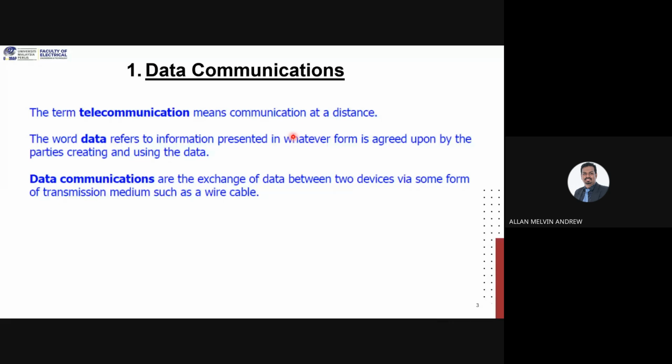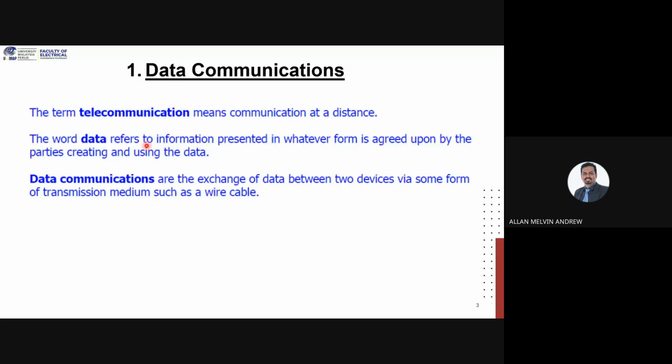Today we enter the first subtopic of this chapter: data communication. The term telecommunication is quite familiar to us because we always deal with it. When we think of telecommunication, we might think of something related to the phone, our internet data or our phone line. It can be a lot of things.